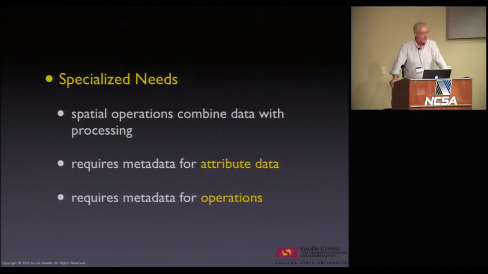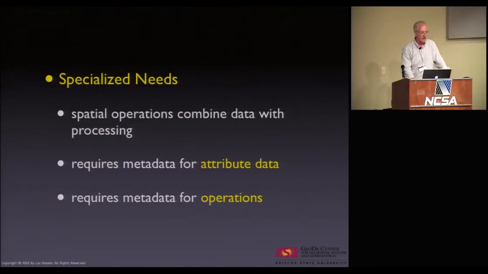In spatial analysis, we combine data with processing. So we really have two types of metadata, if you wish, or two types of provenance. One has to do with the data. Where do they come from? What projection? Who created them? Who simplified them? All these kinds of things. And then another one has to do with the processing, not just which processing was applied, but in what sequence, what assumptions were used when there is a choice of different assumptions, and so on.